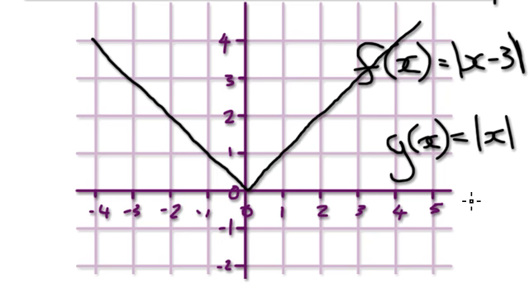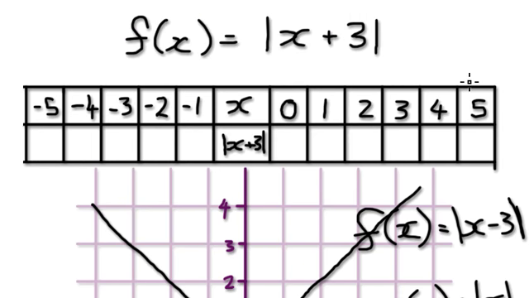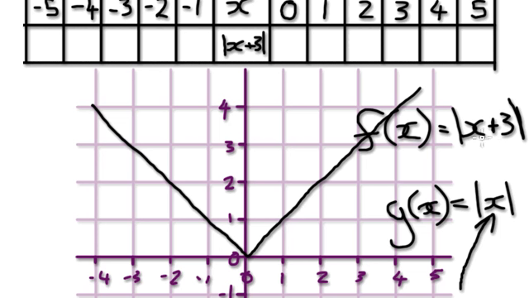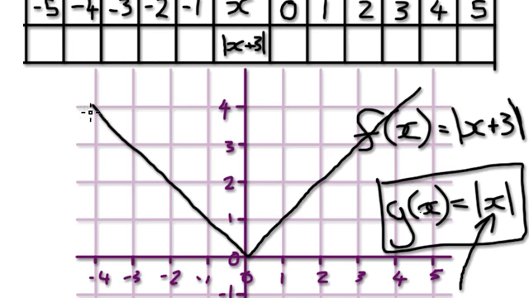Now if you look at this, it's really you transforming it, shifting everything across by 3. Oh sorry, hang on. We are trying to draw f of x equals the absolute value of x plus 3. Sorry, because it's a plus here, not negative. So start by visualizing this graph here, which will look like this.